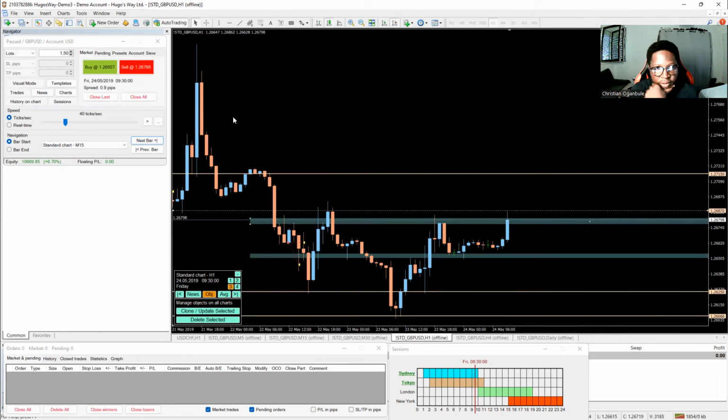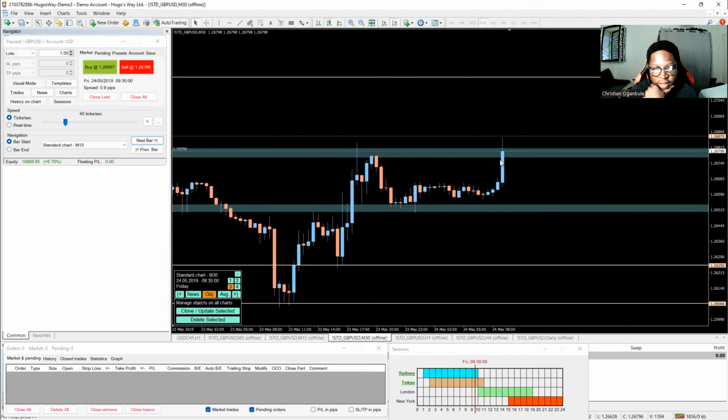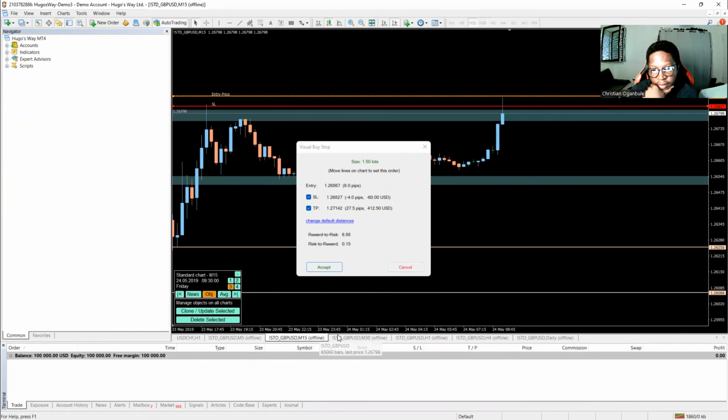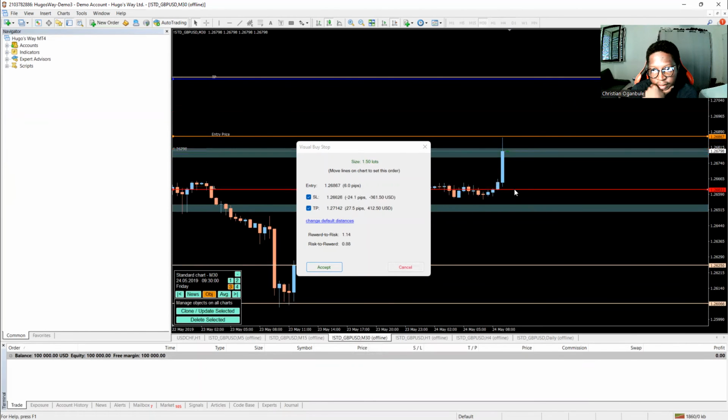I think a buy stop is not a bad shout in this situation because price has closed above this level based on analysis. So if we do a buy stop above this high to target this, stops based on the 30 minutes.